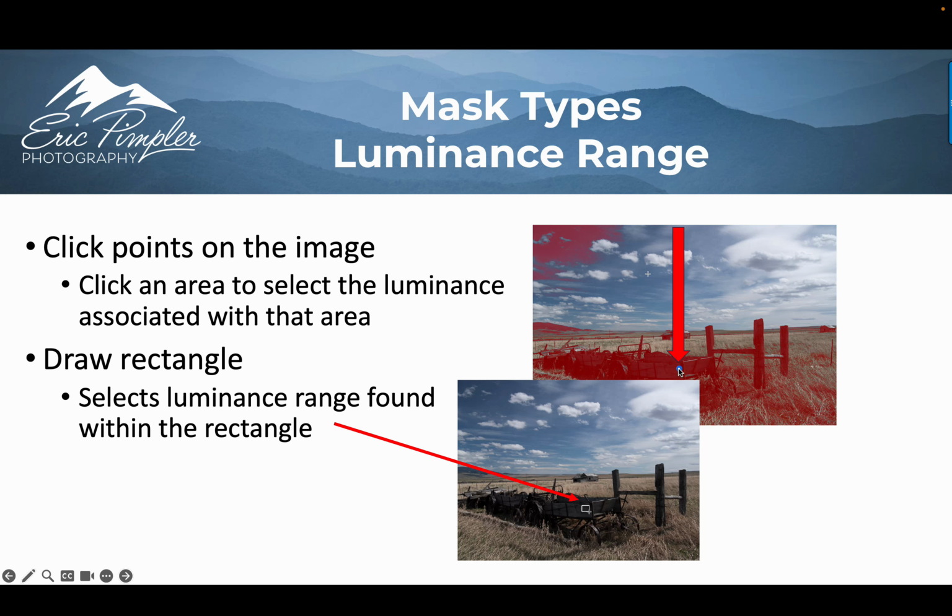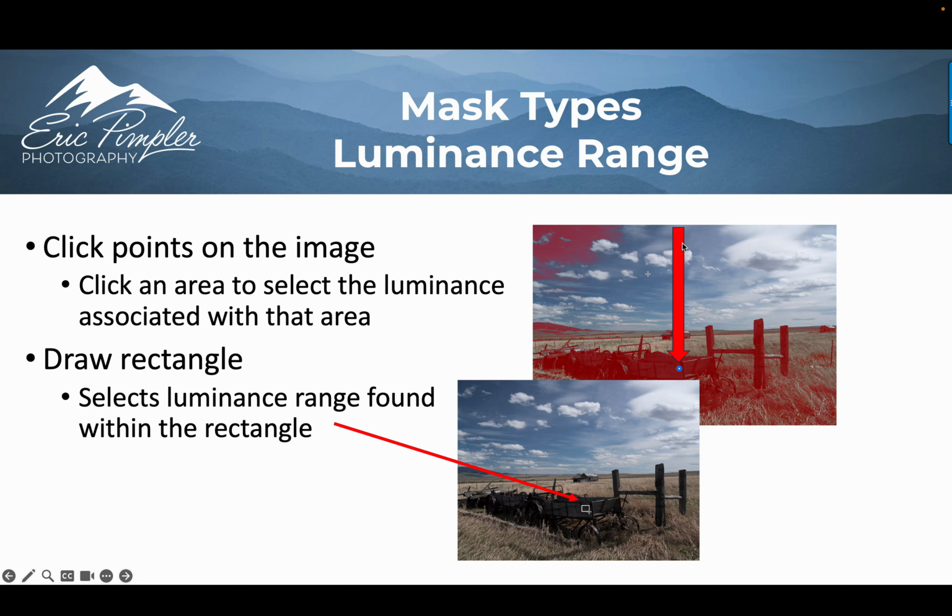So in this case, we've clicked a point over this farm implement that's sitting in the field, and it's a relatively dark area. As soon as you click that point, whatever luminance value is associated with that point, any other areas in the photo that share that luminance value are going to be included in the mask.